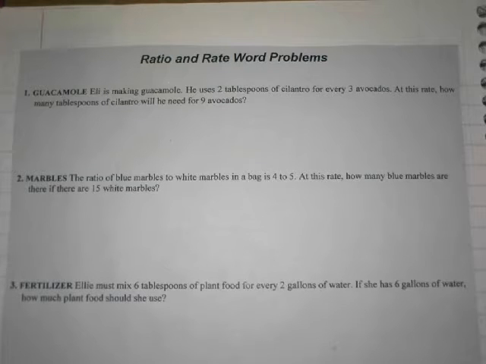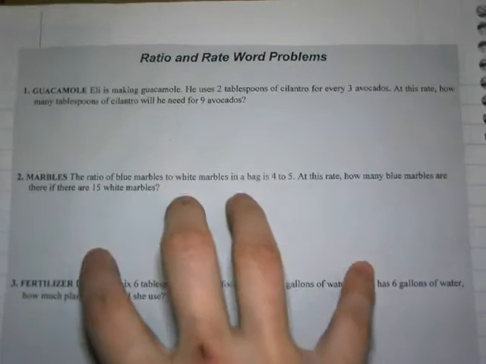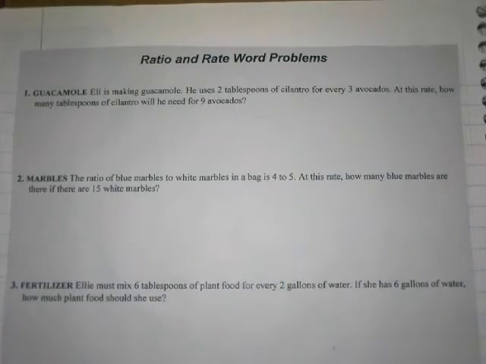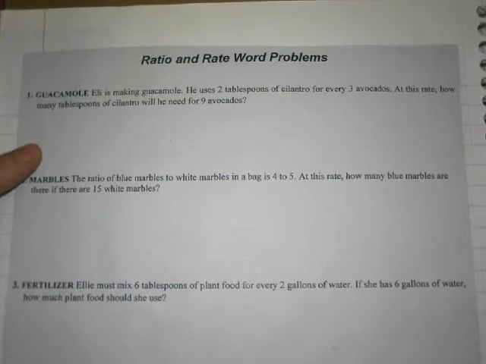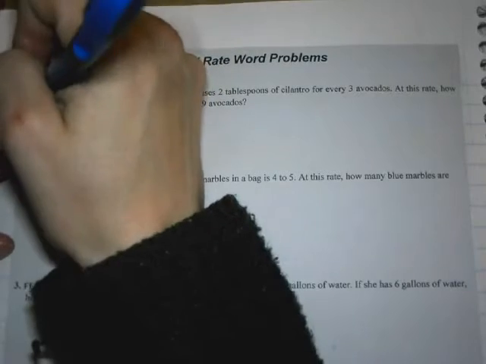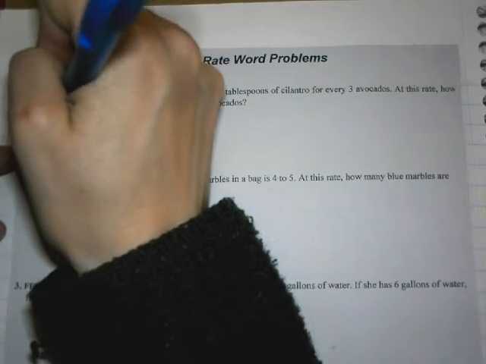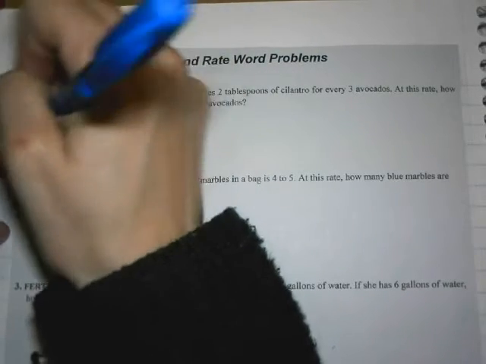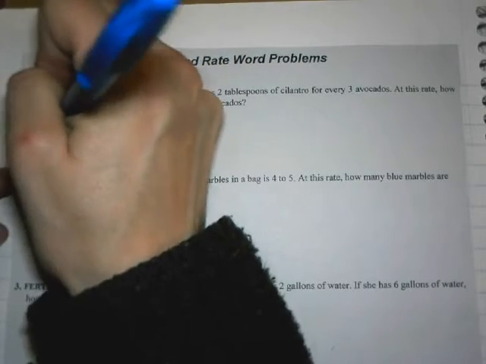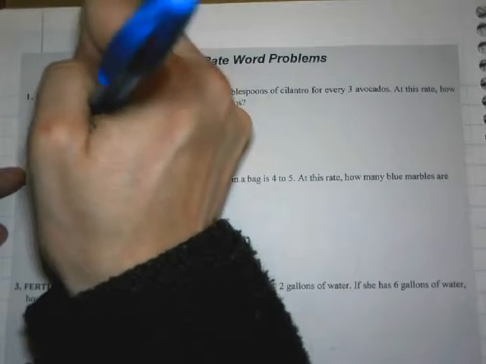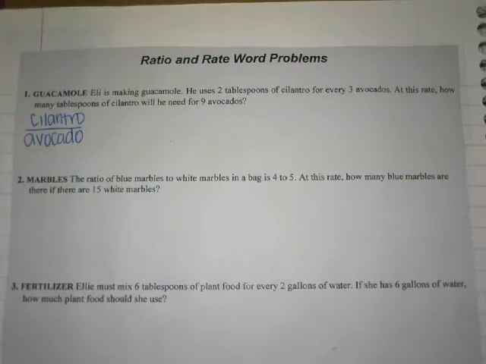So your first step when doing any sort of word problem is to find the 2 things that you're comparing and write one on top of the other like as a ratio. So I would write cilantro over avocado. Those are the 2 things that we're comparing. We're comparing cilantro to avocado because I need to make sure I have the right cilantro to avocado ratio.